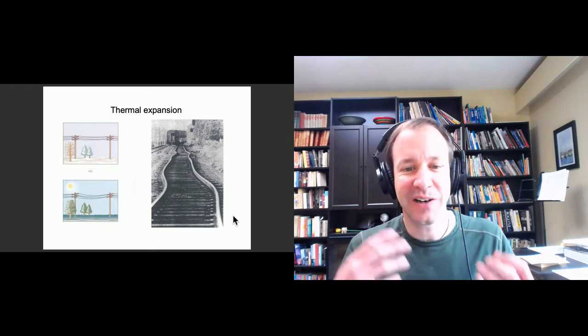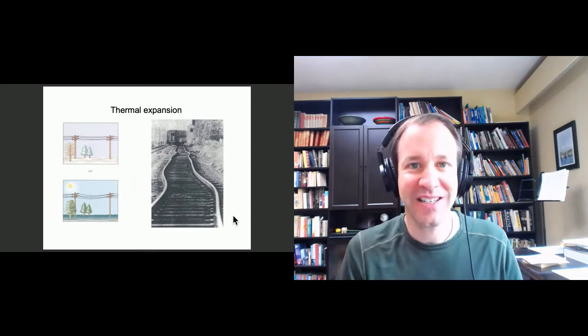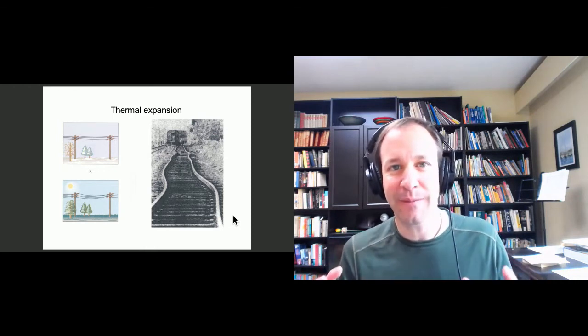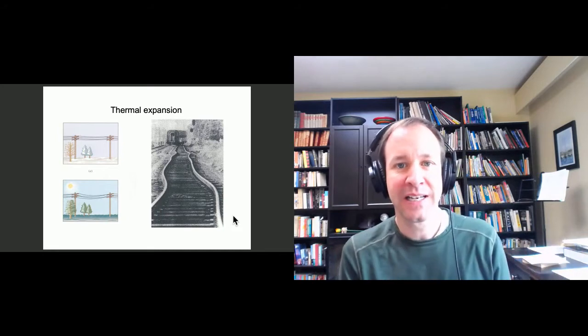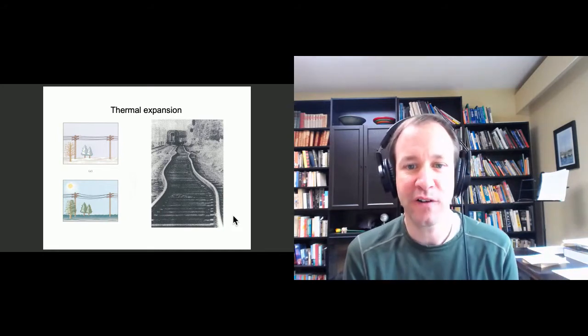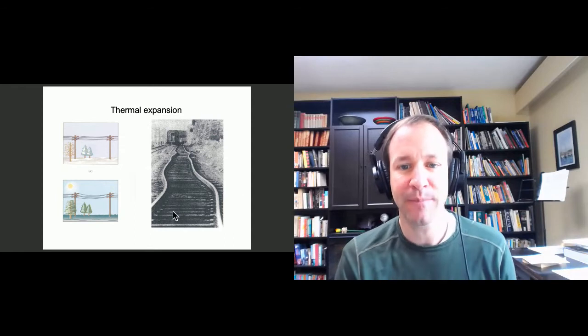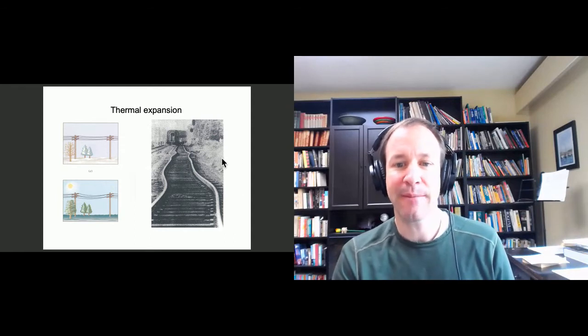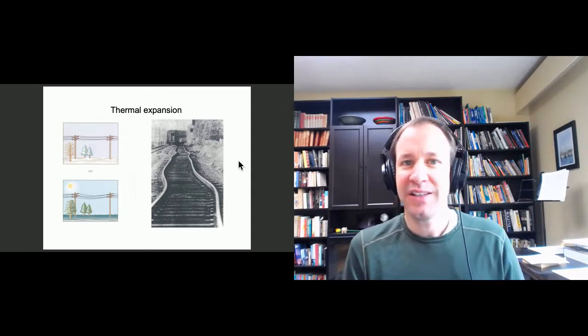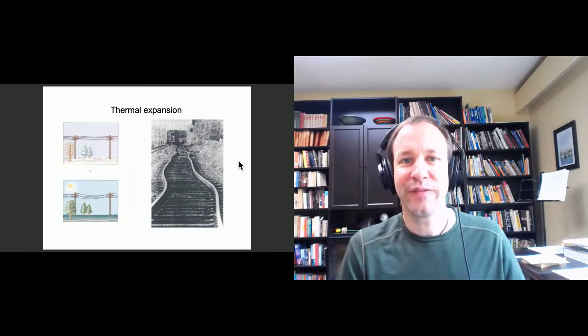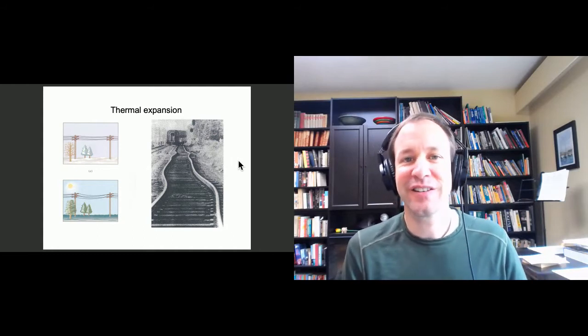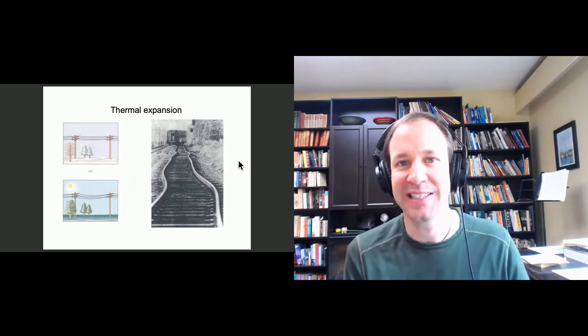If you're an engineer and you forget to take into account some important physical property of your material, and then you go and build something, and something like this happens, then you might have hundreds of years of engineers in the future looking at your mistake in textbooks.